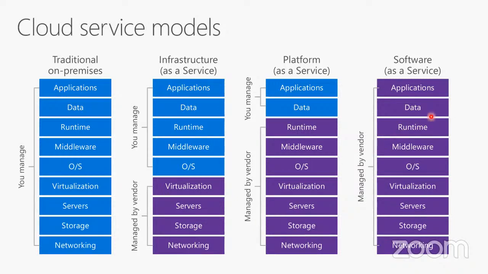And now at the end, when we use software as a service, everything is controlled by the vendor. One of the best examples of software as a service is Gmail, or email services. With email services, we don't know where my data is stored.